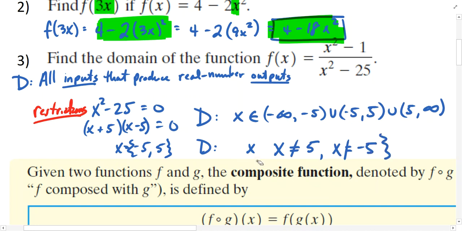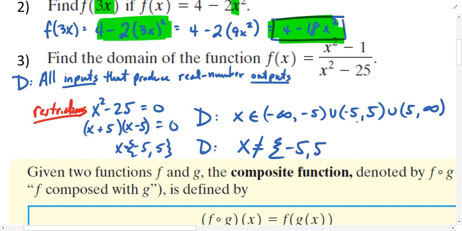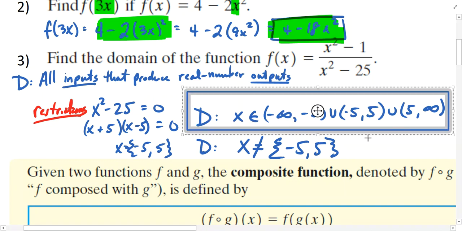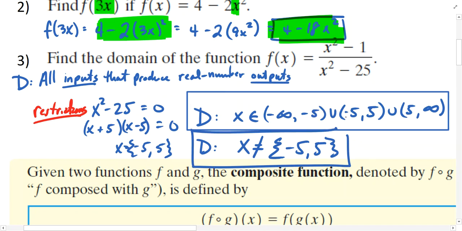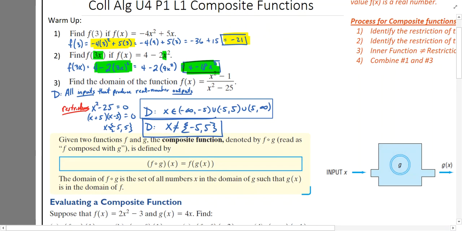We could probably simplify that, though, since set notation, at least in our class, is the less formal way to report this. So we might say something like this: x is not allowed to equal negative 5 and 5. Now I do prefer interval notation, but when available or when permitted, set notation would be okay too.